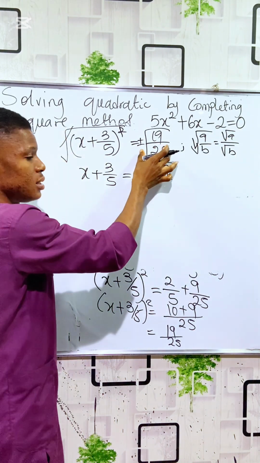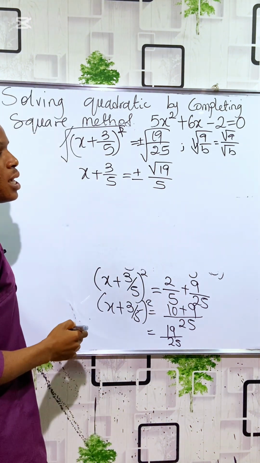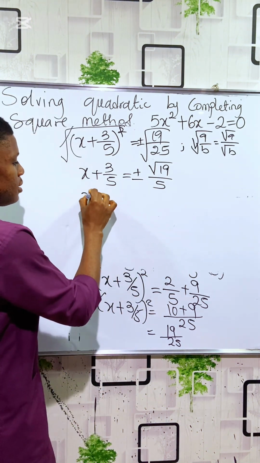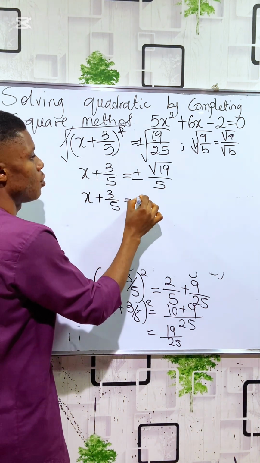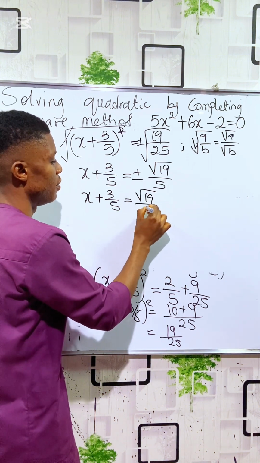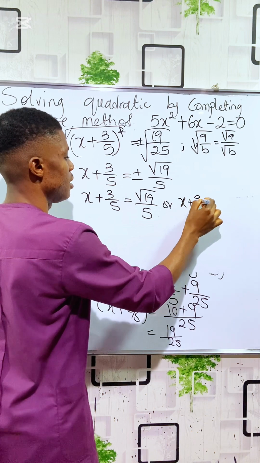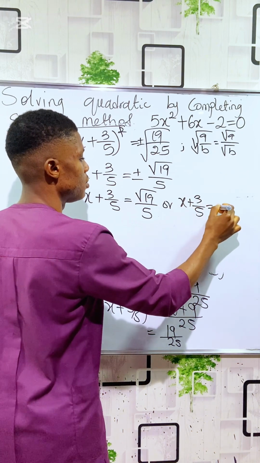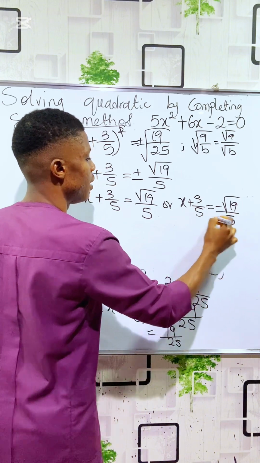So the square root of 25 will now be 5. So here you can now see that x plus 3 over 5 is equal to, for the positive solution, the square root of 19 over 5, or x plus 3 over 5 is equal to minus, for the negative solution, the square root of 19 over 5.